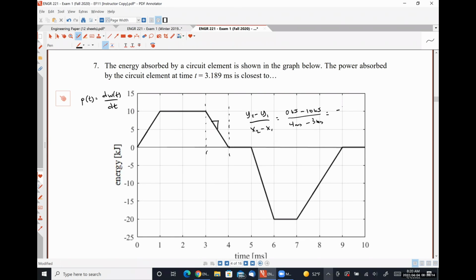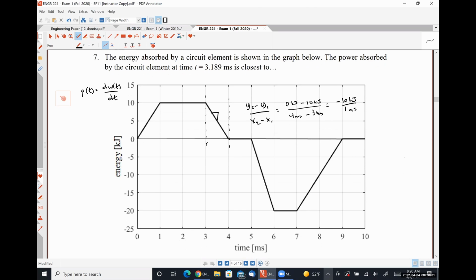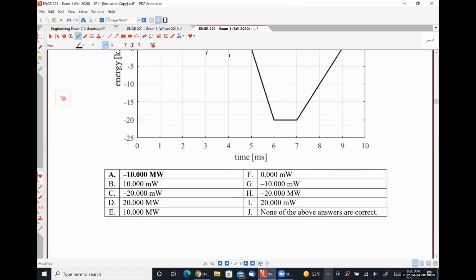Looks like negative 10 kilojoules per 1 millisecond. So 10 times 10 to the 3 times another 10 to the 3 would be 10 megawatts, negative 10 megawatts. Yep.